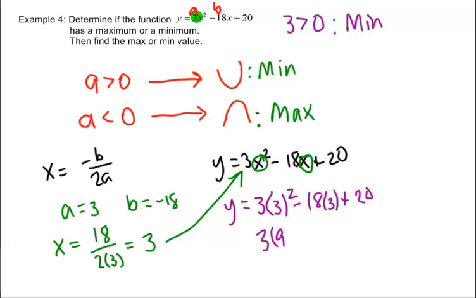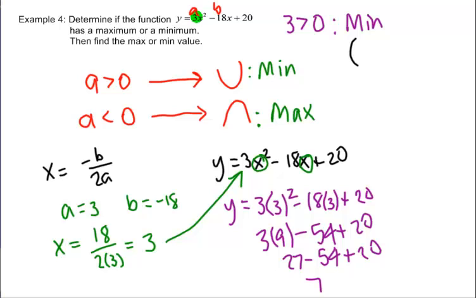Well, you're going to have 3 times 9 minus 54 plus 20, which is 27 minus 54 plus 20, which I believe when you put all of that together is going to be 7. So what is my minimum value? My minimum value occurs at the point 3, 7, which is also my vertex. Okay?